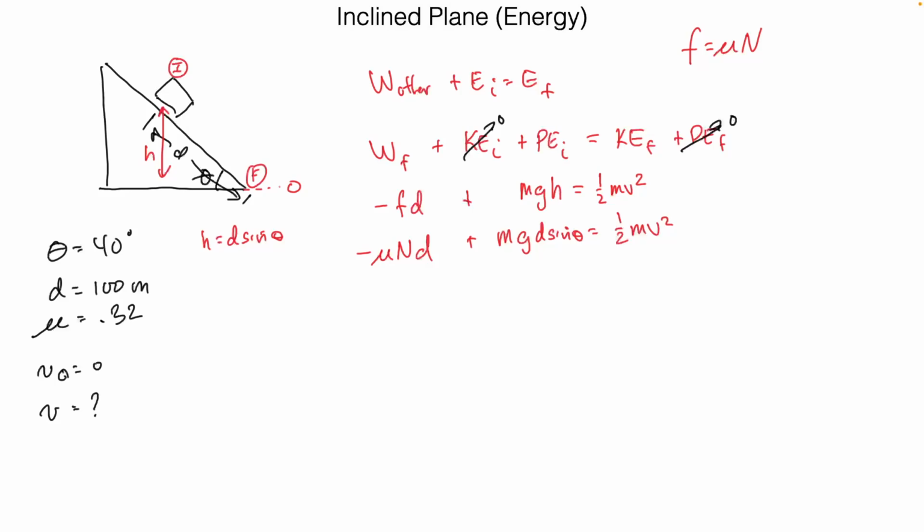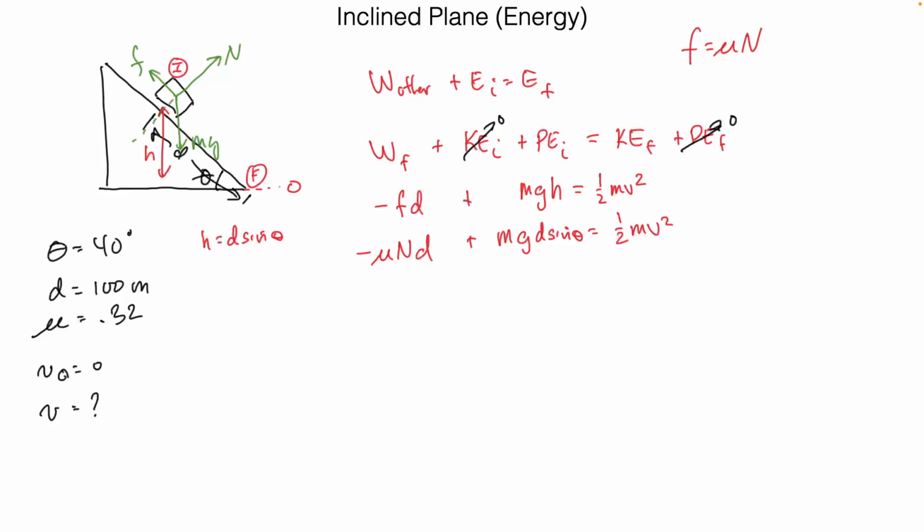This is where we do have to jump back into chapters 5 and 6. Yeah, because we need to take a look and be careful. Inclines are nasty. Okay, there's my normal force. There's my weight. Here's my friction acting up the slope. And we need to find out what the normal force is.